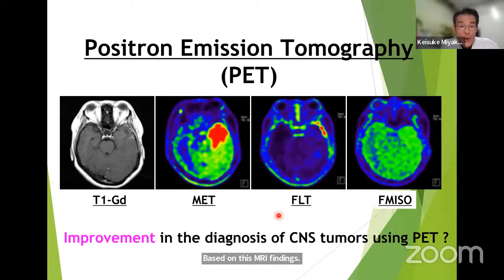So positron emission tomography, PET, using radiotracers for molecular and metabolic imaging, we expect improves the diagnosis of CNS tumors. So I talk about diagnosis and grading based on PET studies for CNS tumors.